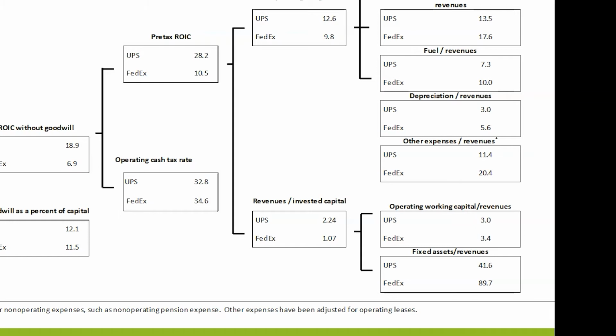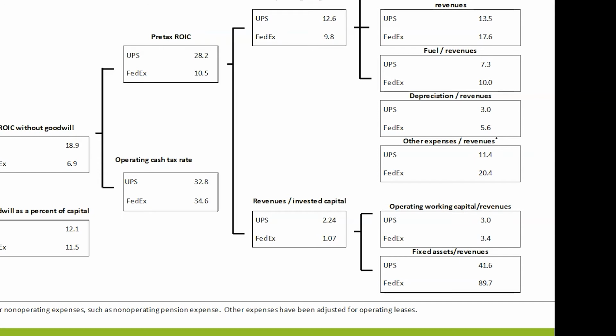So the first thing we look at is, in terms of invested capital, there's really two parts. The first part of invested capital is working capital. The second part is fixed capital, right? So our fixed assets and our working assets. Invested capital is mostly just assets, and so these are the two parts of it. So we look at any difference in working capital, and we see that there isn't much of one.